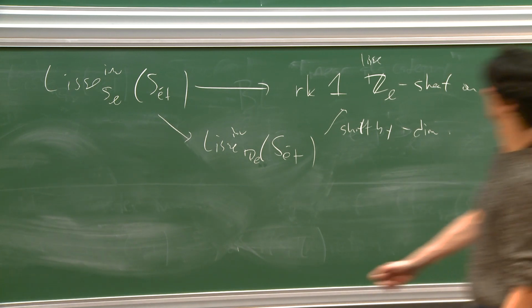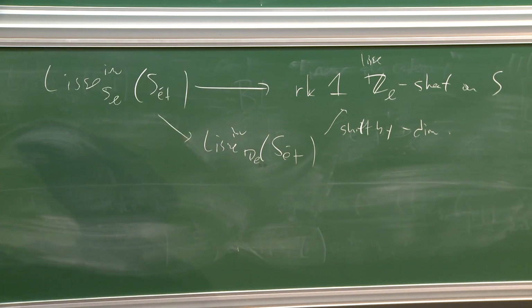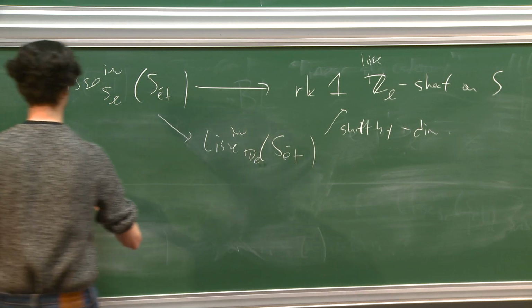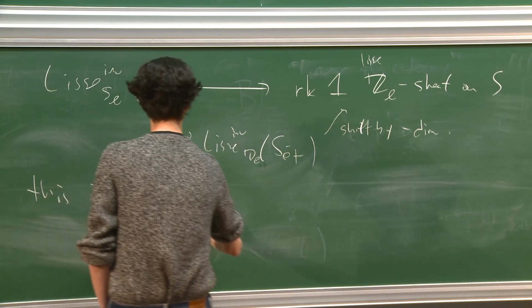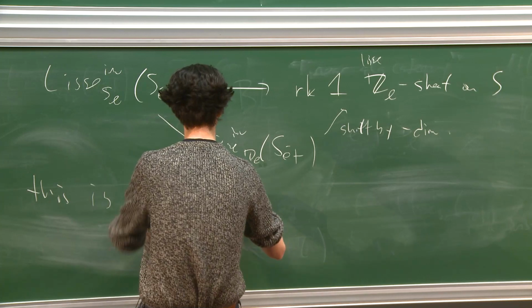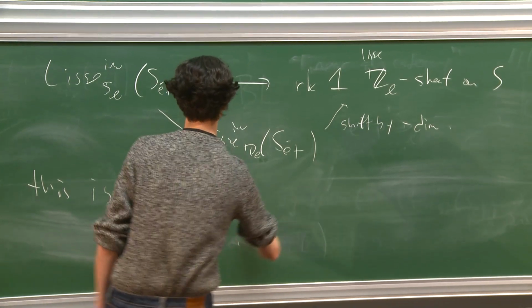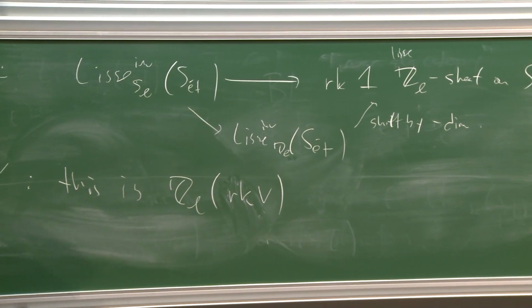And again, what is it in the various cases? So in case S_V, this is just a Tate twist of Z_L, the Tate twist again being determined by the rank of V, now without the 2.